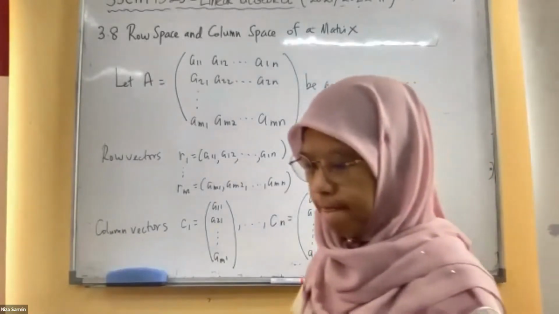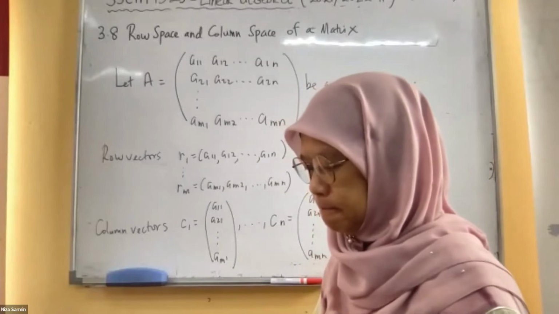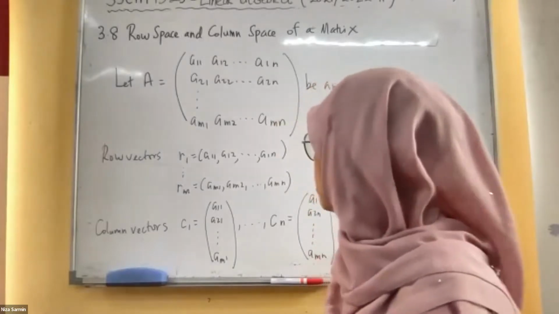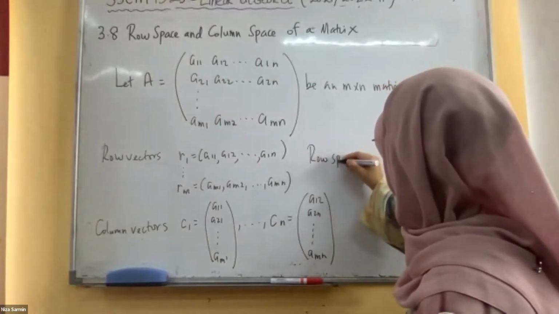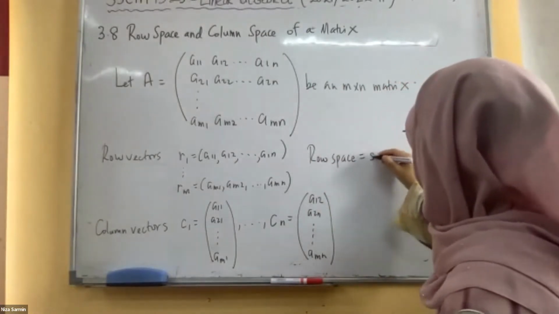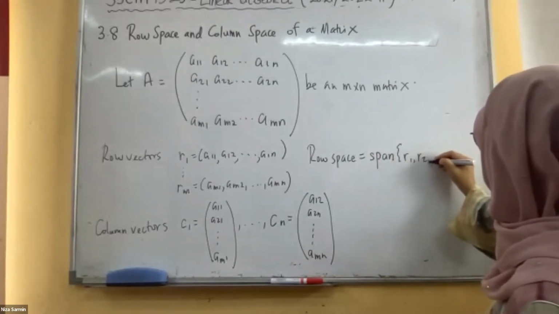Now what is the row space and column space? The row space is the span of all the rows.